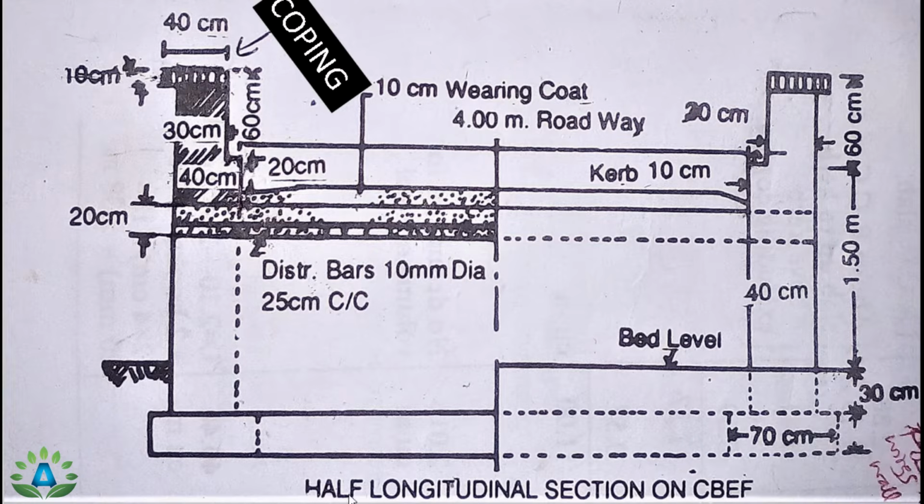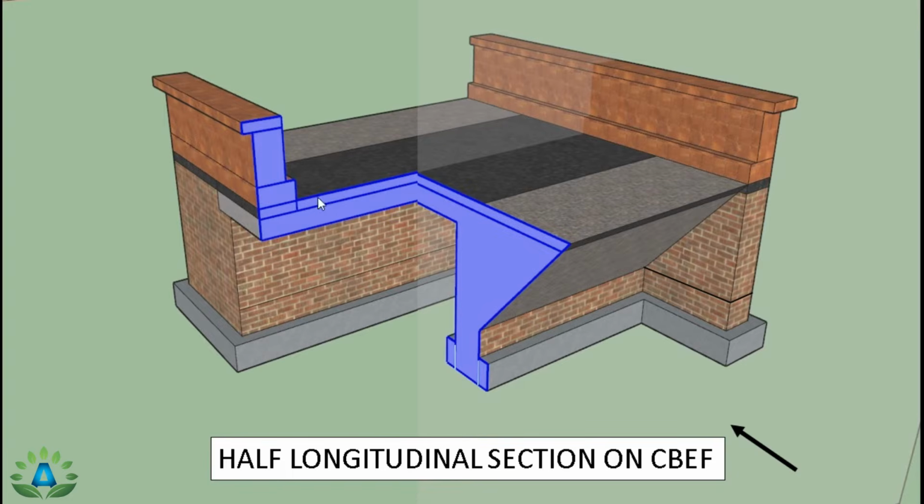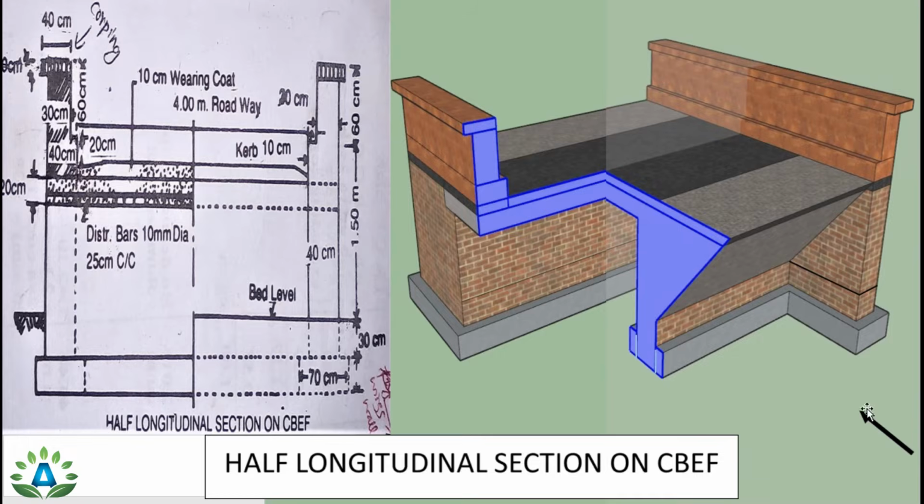In our question, we also have this half longitudinal section on CBEF. It means that when we cut this plan from the CBEF portion, it will look like this. Here is the CB section and here is the EF section, that means our CBEF section. And when we view this object from this front view, it will look exactly like this.